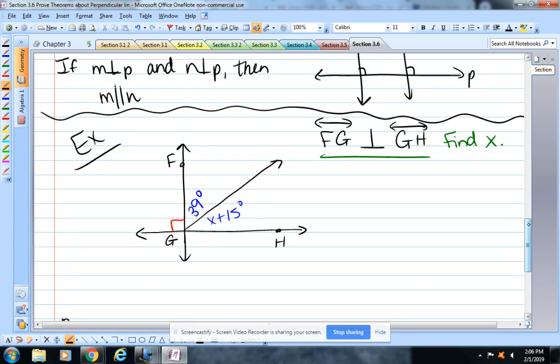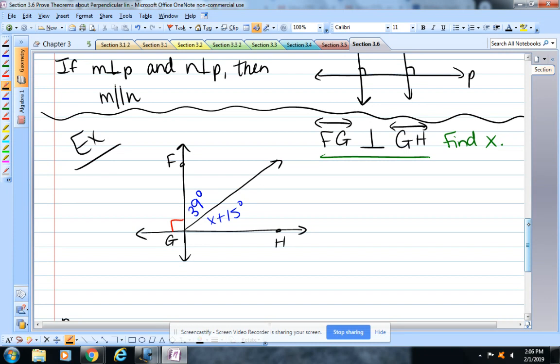Perpendicular to line GH. Okay, they tell me they're perpendicular. So here's FG, here's GH. Okay? We want to find the value of X. Now, which one of those theorems, and you can just tell me the number from the handout if you want to, does this one look like?